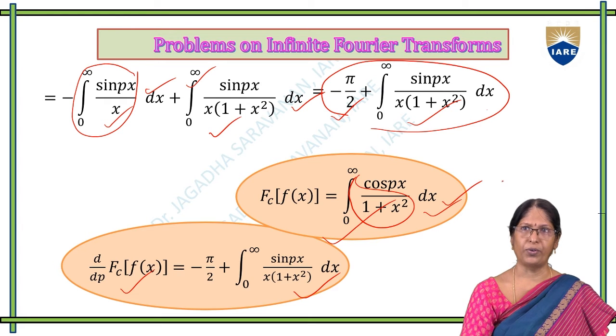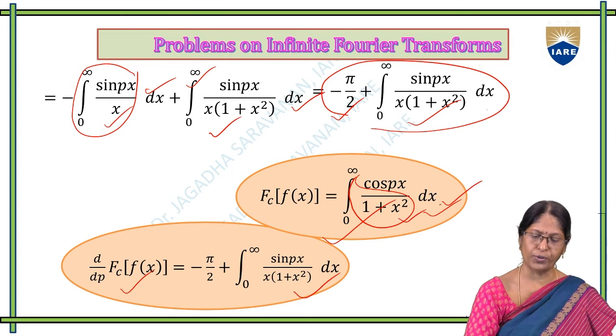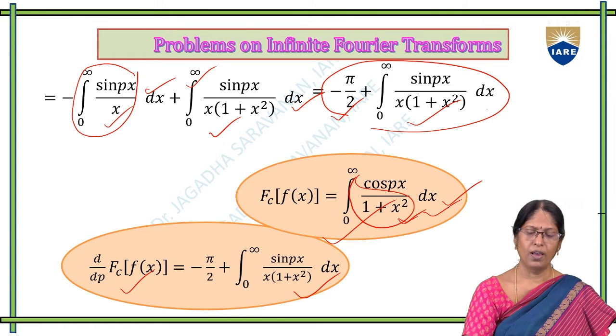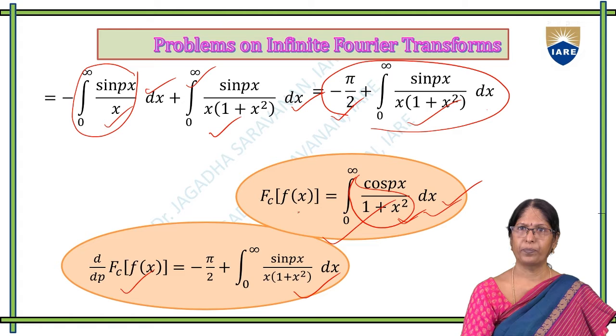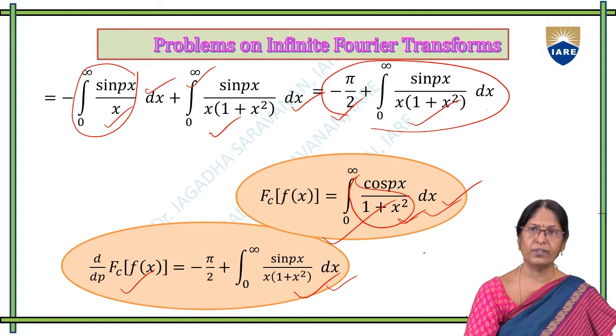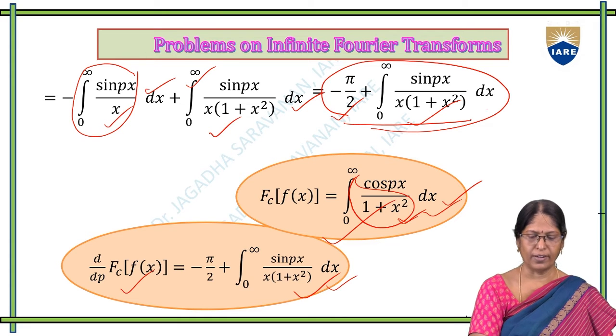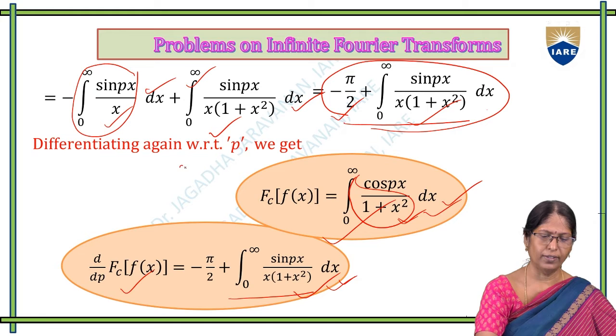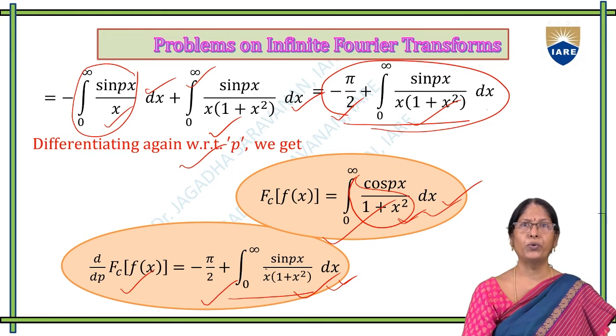This is our question. This is our function. For the function we are asked to find the Fourier cosine. That we did the first time derivative. We got this result. That is this one. This once again we are going to do the differentiation, that is, this we are going to do the differentiation again with respect to p.